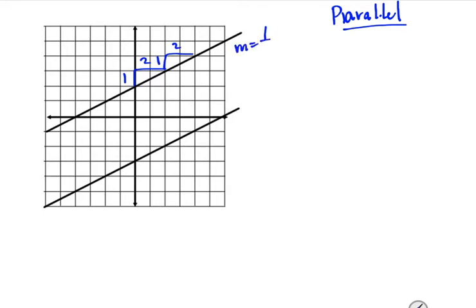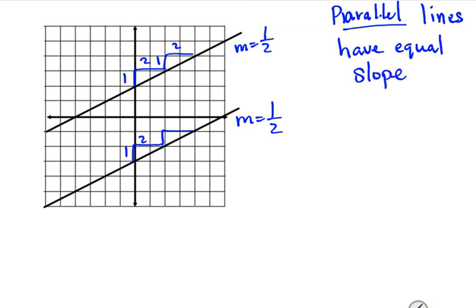So the slope of this line is 1/2. This line also goes up 1 and over 2, so it has a slope of 1/2. So my first claim to you is that parallel lines have equal slope.